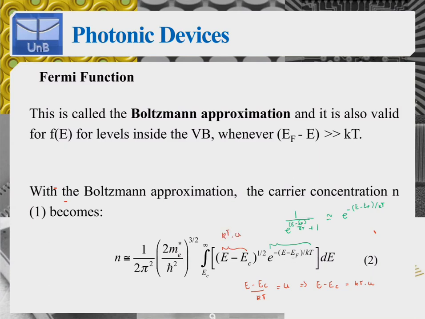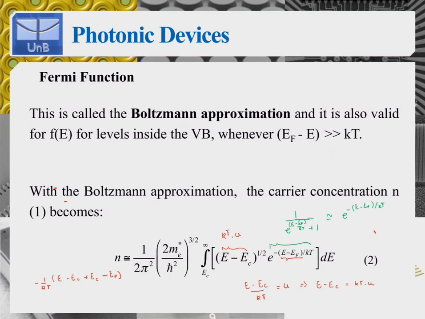And what can we do here? Well, we can take this exponent here, minus 1 over KT times E minus EF, and we can add and subtract. So subtract EC and add EC, which will make it so that it remains the same, and the minus EF we can just leave there, right?